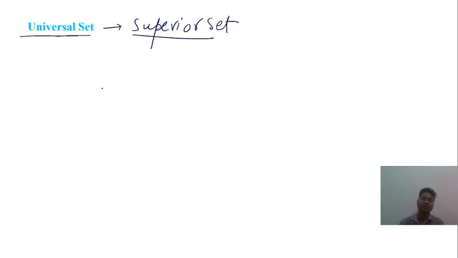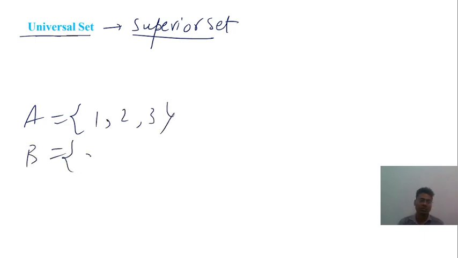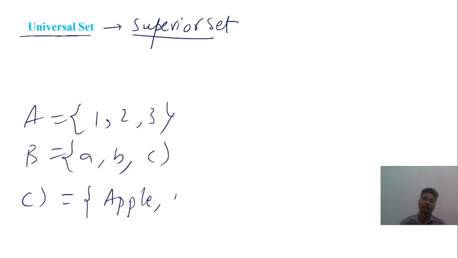Coming to the universal set. A universal set may be considered as a superior set. Superior set means all the elements are taken from this set only. Suppose I give you the sets 1, 2, 3, and another set A, B, C, and another set apple, mango.